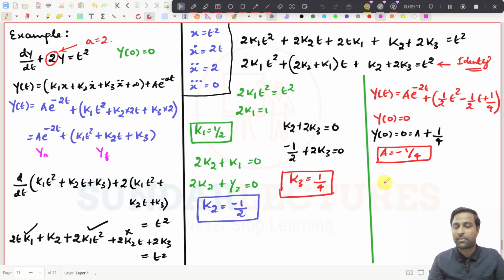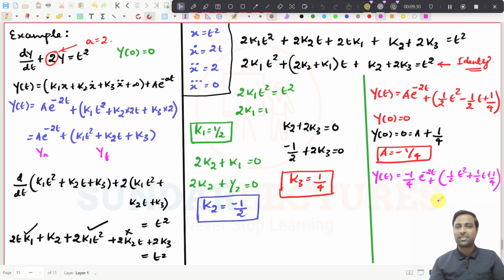And if you write it down, y of t is equal to minus 1 by 4 e power minus 2t plus 1 by 2 t square minus 1 by 2 t plus 1 by 4. So this is the final expression for this first order differential equation.